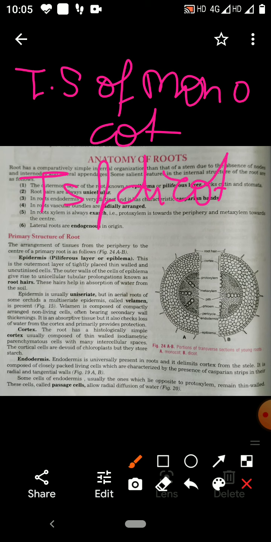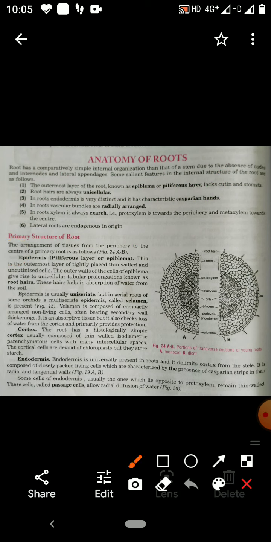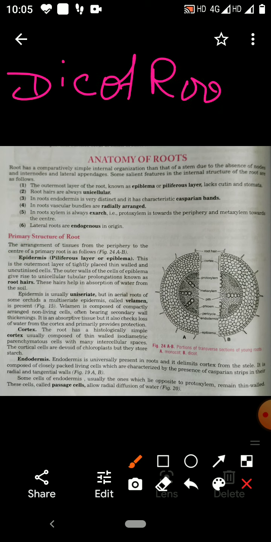So what are the differences between the TS of dicot and monocot root?